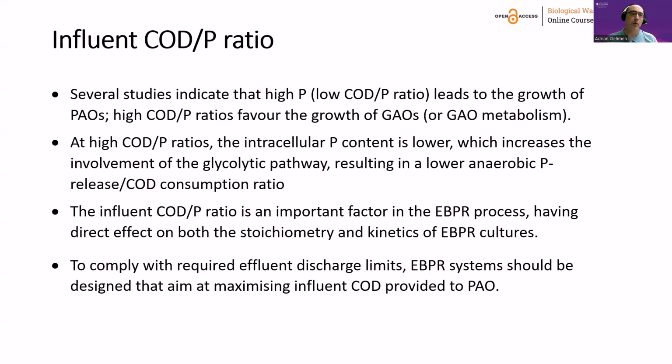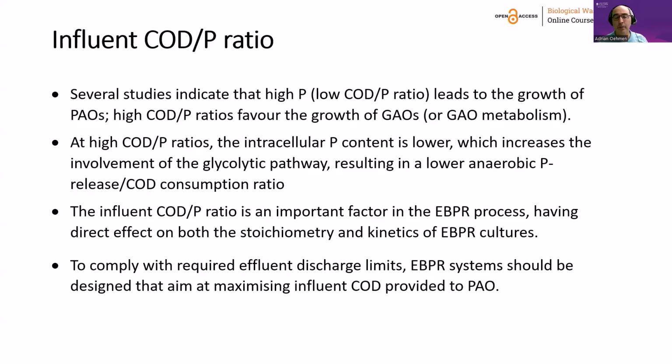Okay, so Accumulibacter can use glycogen as a main energy source, driving VFA uptake and not favoring the polyphosphate cycling which leads to phosphorus removal. So that is something to watch for, as well as the microbial community itself. The COD to phosphorus ratio in the influent can impact this.